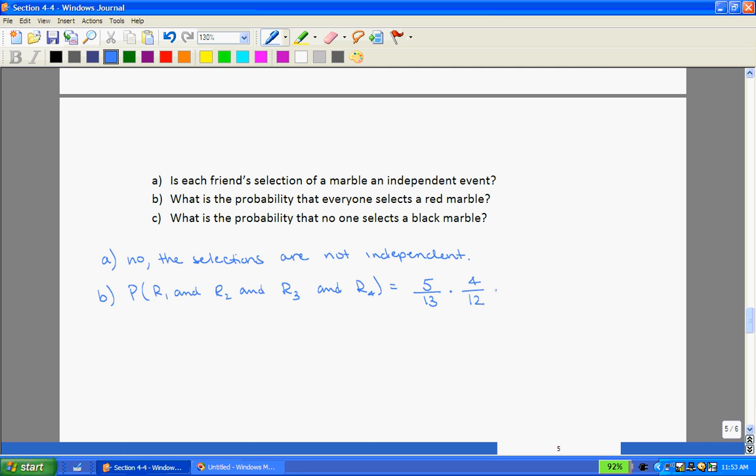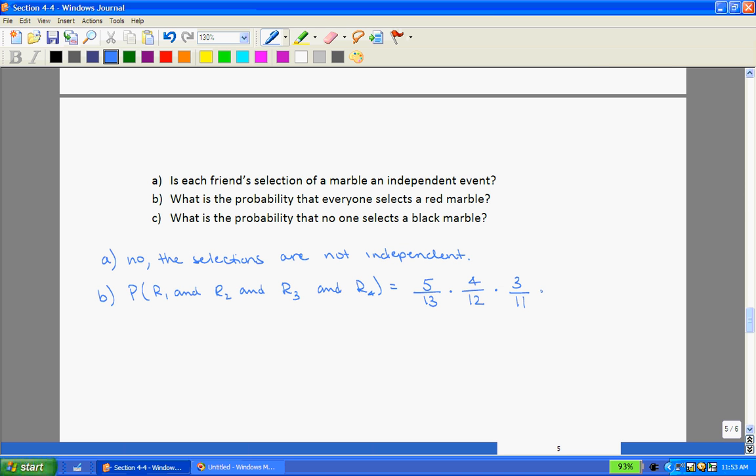Now let's think about the third person. The first person has a red marble and kept it. The second person has a red marble, or we're assuming has a red marble, and kept it. Well, now how many marbles do they have to choose from altogether? Only 11. And if we're assuming that those first 2 people have red marbles, now there are only 3 red marbles to choose from.